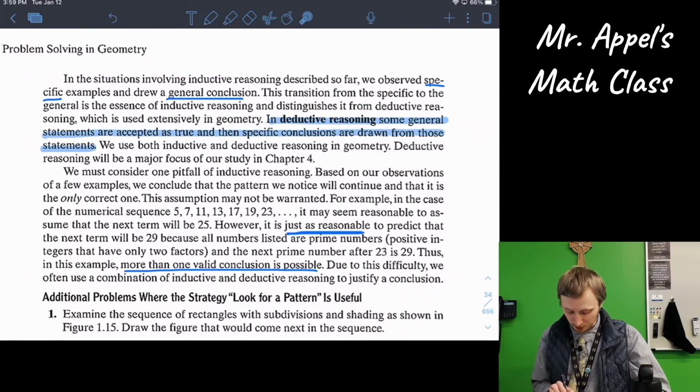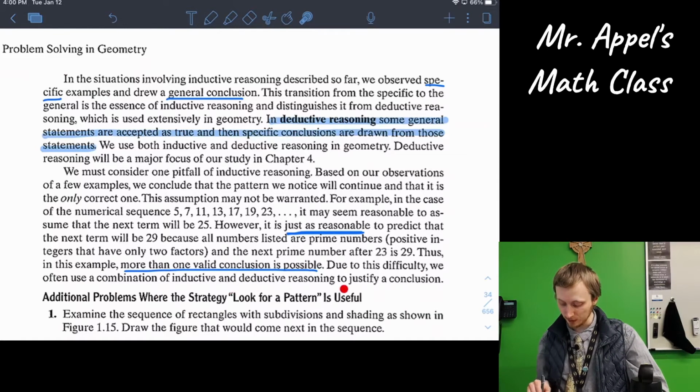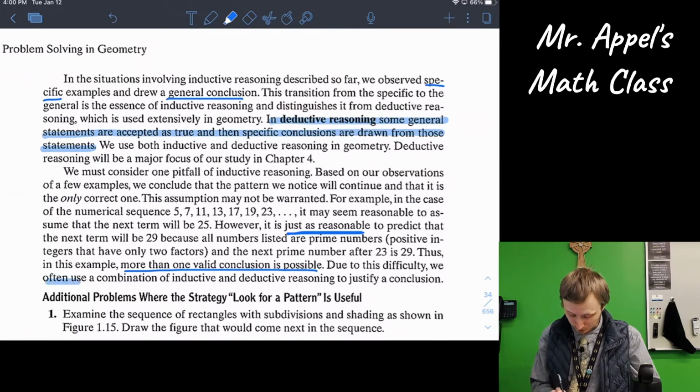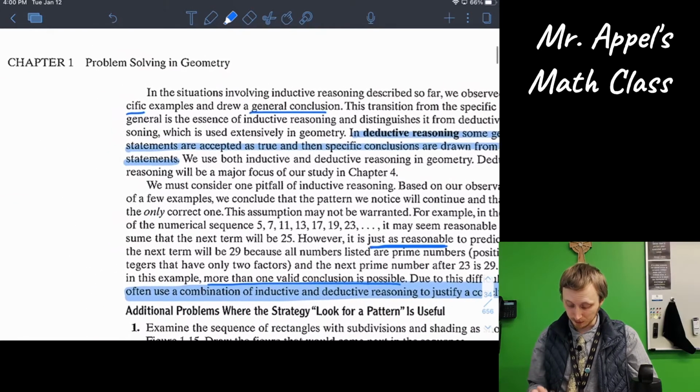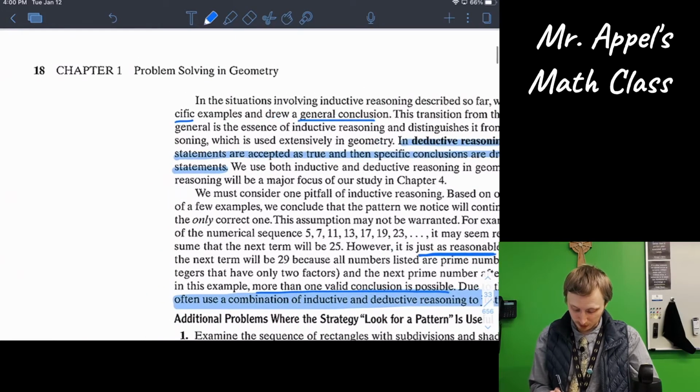Due to this difficulty, we often use a combination of inductive and deductive reasoning to justify a conclusion. Inductive is great for finding new patterns. Okay? Let me write that down. Inductive is great for finding patterns.